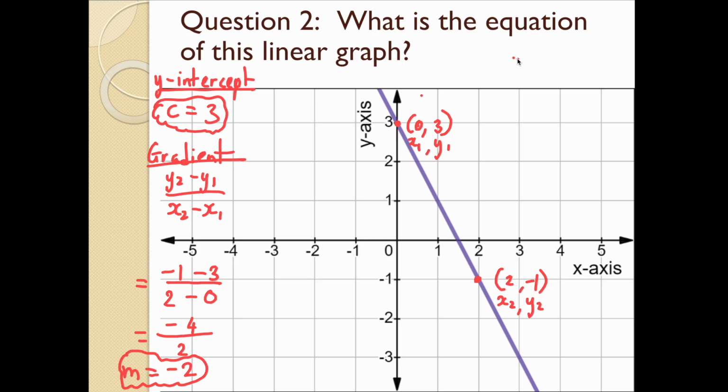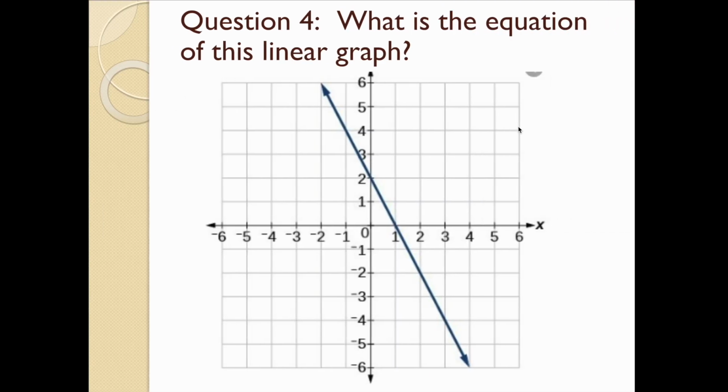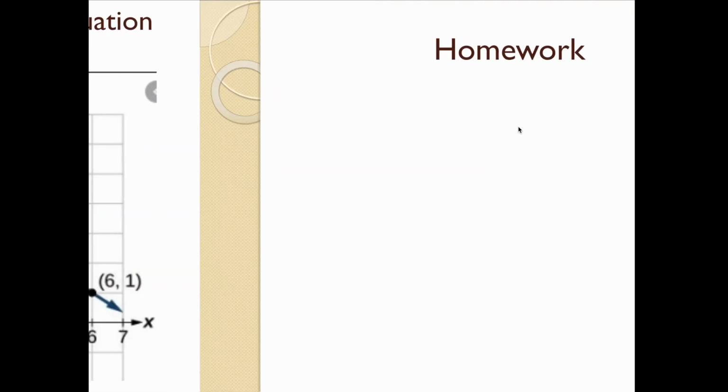So therefore, in the equation y is equal to mx plus c, I can say that y is equal to -2x plus 3. All right, so this is how I work out this particular question. I see you guys understanding this concept good. That's good. So this is going to be your last one for the night, and I'll probably give you all these two to do for homework.